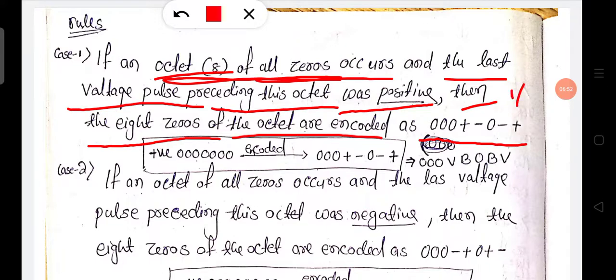Here plus is positive voltage level, minus is negative voltage level, and 0 is zero voltage level.